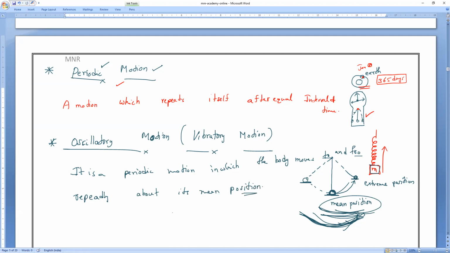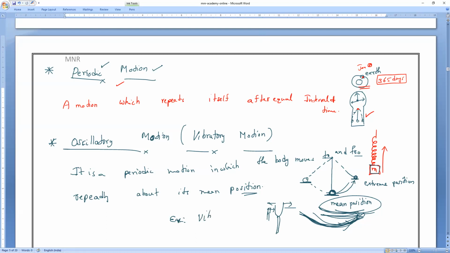So what is the example? In lower classes, you might have seen another example also. A U-shaped thing is held. What is that called? If you hit it with a rubber hammer, it will keep on oscillating to and fro. You will study that in the sound chapter. Anybody name it? Yes, tuning fork.